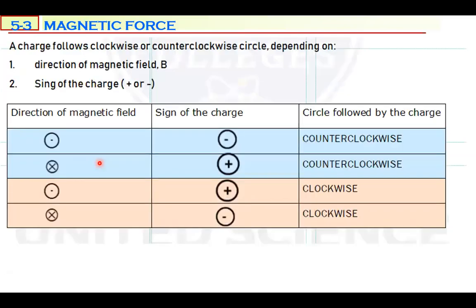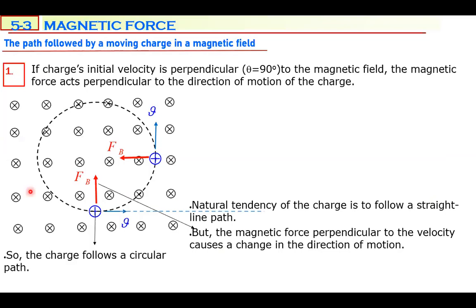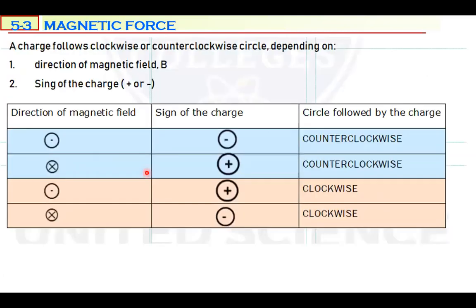The direction of the circular path can be counterclockwise or clockwise, depending on two things: the direction of the magnetic field and the sign of the charge. So if the charged particle follows a counterclockwise circle, the direction of the magnetic field must be out of the page and the sign of the charge must be negative, or the direction of the magnetic field must be into the page and the sign must be positive.